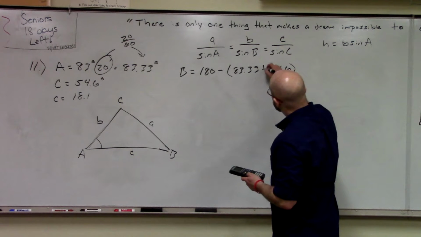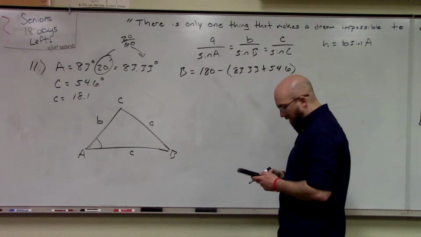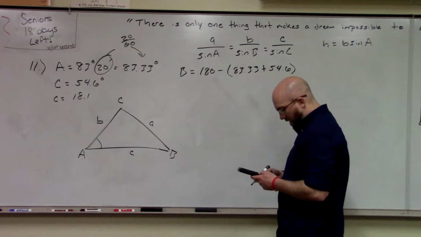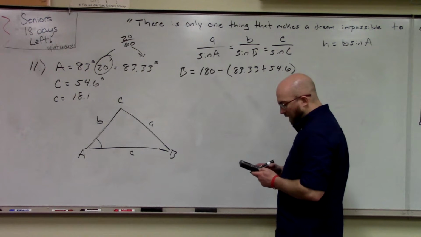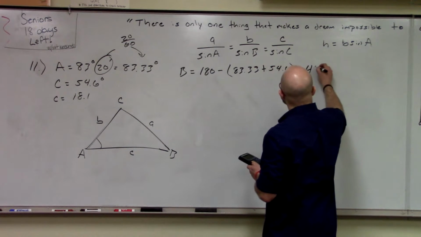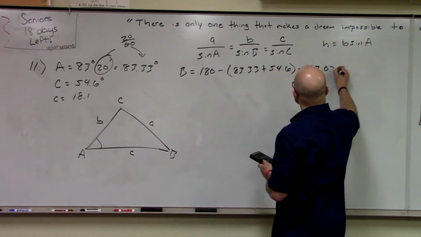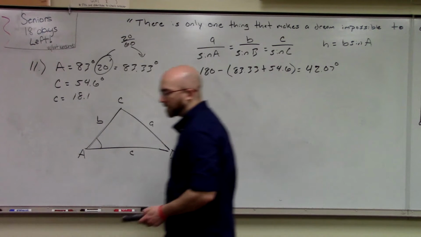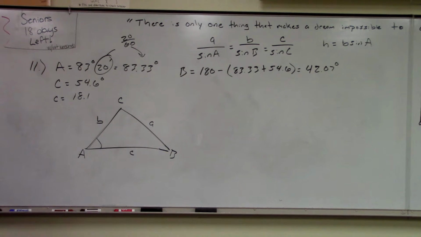Or sorry, this should be plus right here, plus 54.6. Like that. And you should get a nice 42.07 degrees. Okay? Again, if you're given two angles, to find the third angle of the triangle, it's very simple.